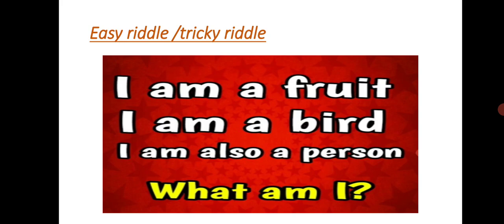Tick 1, tick 2, tick 3, tick 4, tick 5. Now I will say the answer. Kiwi. Friends, the answer is kiwi. Okay, we will move to the next slide.